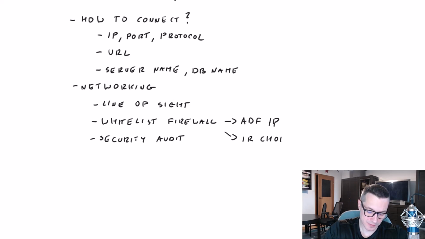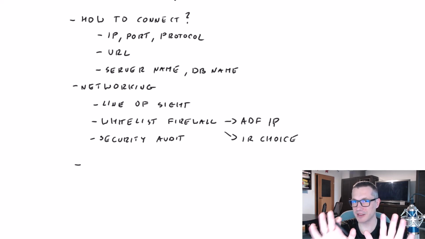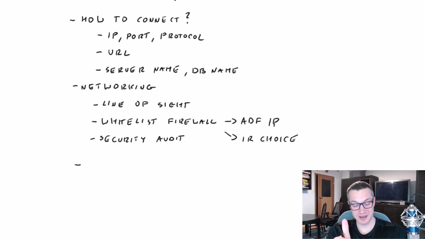And it will. All right, but let's assume that we've got this line of sight, so we can see our data source from our ingestion tool, and that the networking stuff has been completed. Great, so we are making some progress. So the next thing we should ask about or think about is security.